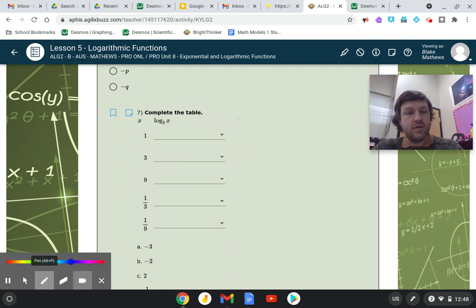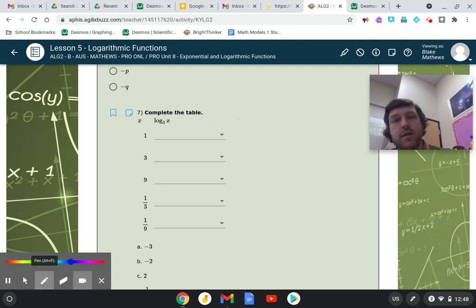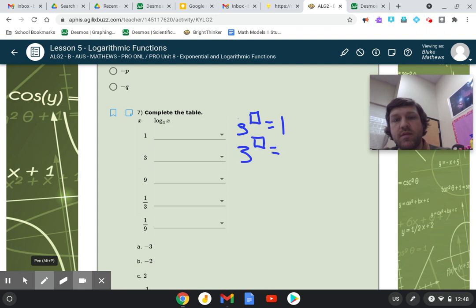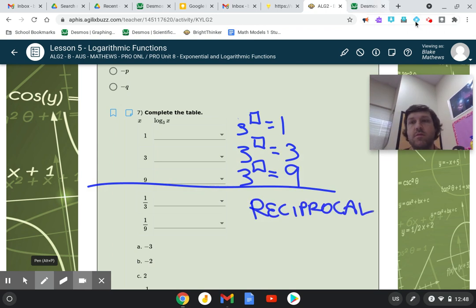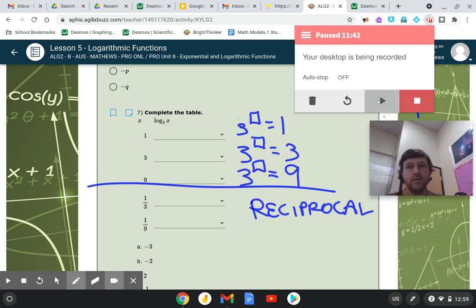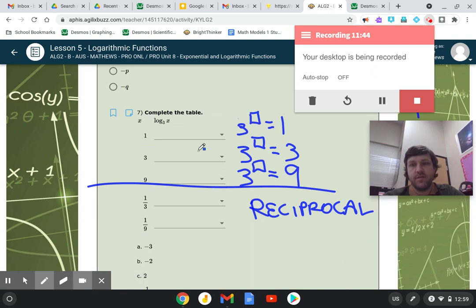In other words, for each one of these, it's asking the question, 3 raised to what power gives me 1? 3 raised to what power gives me 3? 3 raised to what power gives me 9? And then it goes and does reciprocals of the ones above. So then you do the negative rule for the reciprocal of those logarithms. So that's how you fill in this table.